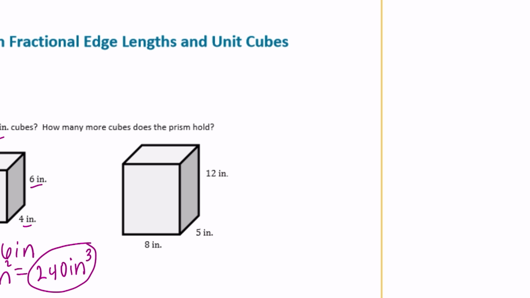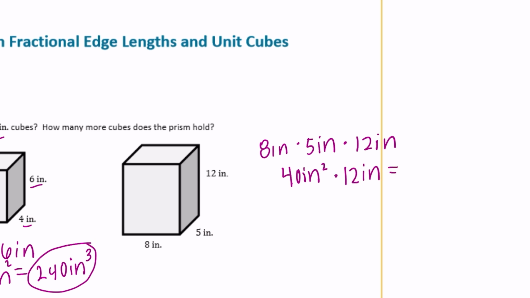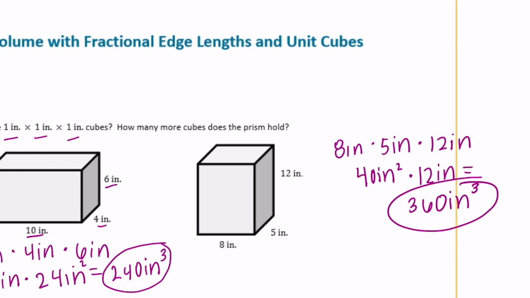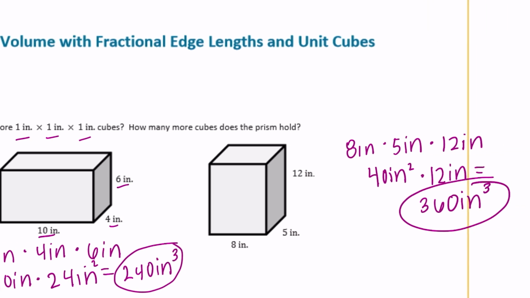This other one, we have 8 inches by 5 inches by 12 inches. So 8 times 5 is 40 inches squared, times 12 inches, would be equal to 360 inches cubed. So, which prism holds more?